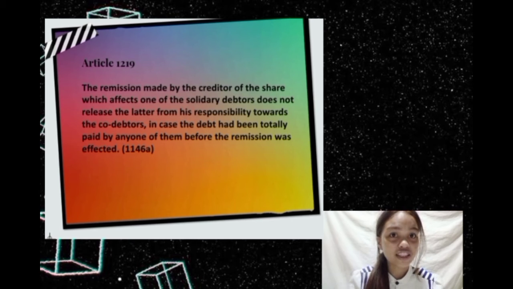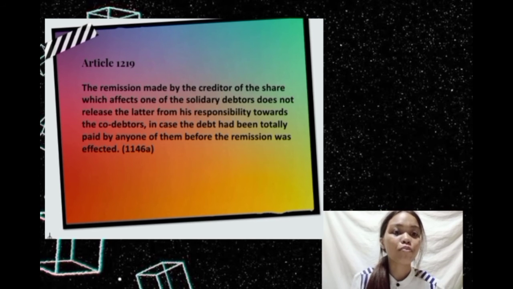If the waiver came first, and the payment after, it is a case of solutio indebiti or unjust enrichment. You paid, and then after all, you had nothing to pay.